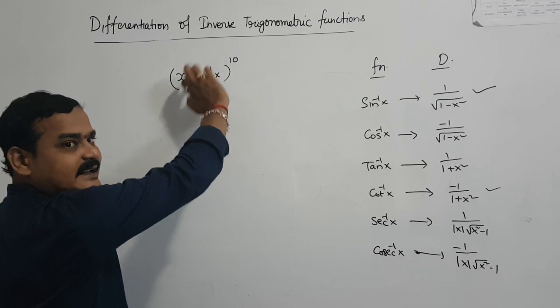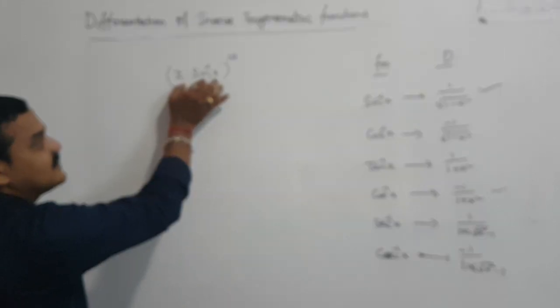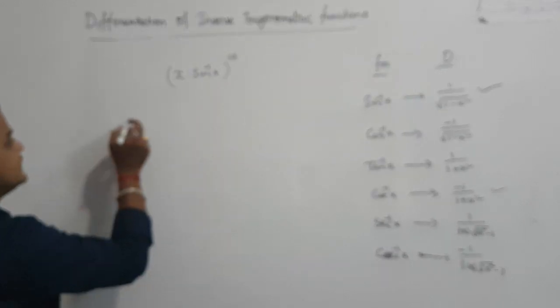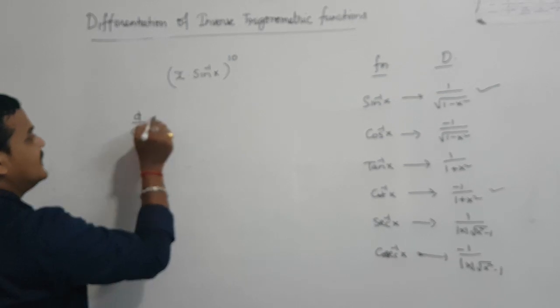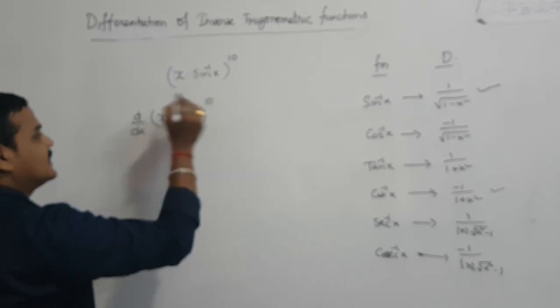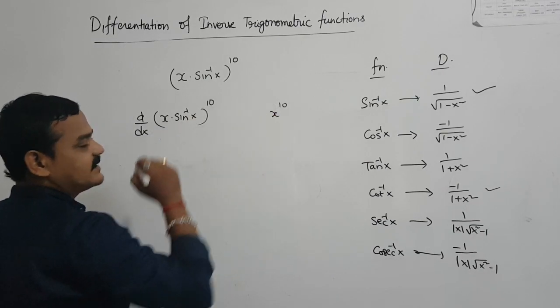This is a product of functions, x into sine inverse, both different functions. So d by dx of x into sine inverse of x whole to the power of 10 you can take, and first of all it looks like x power of 10.